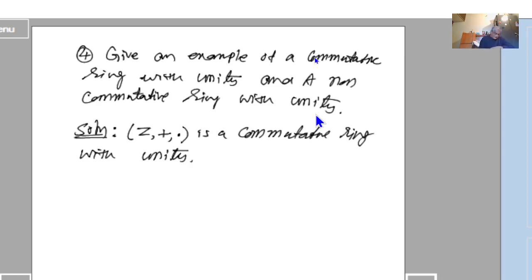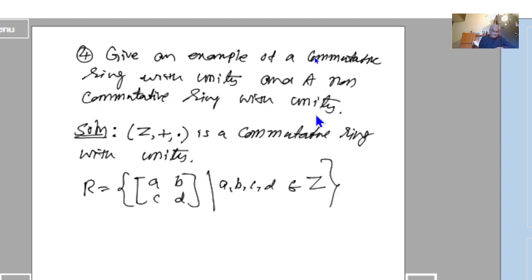Next example is, I write R is equal to the set of all 2 by 2 matrices [A B; C D] where A, B, C, D belong to Z. These are integers.